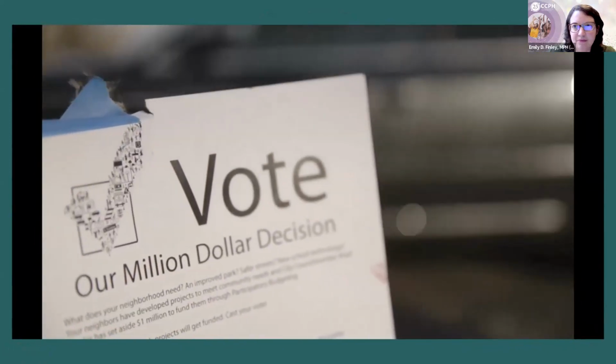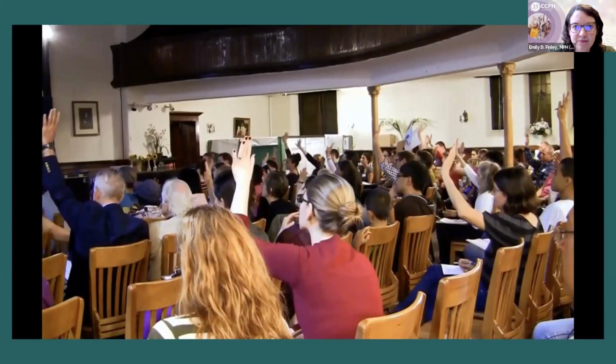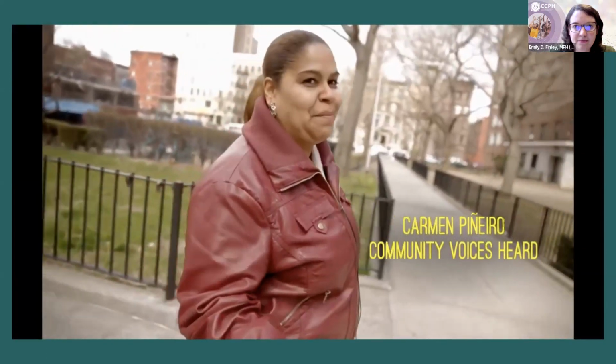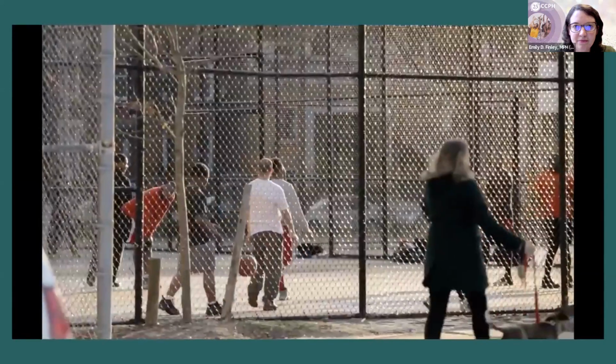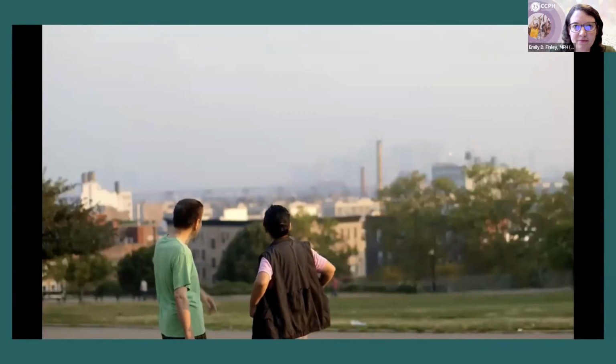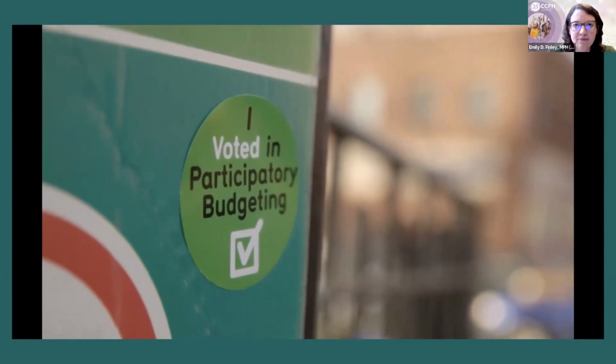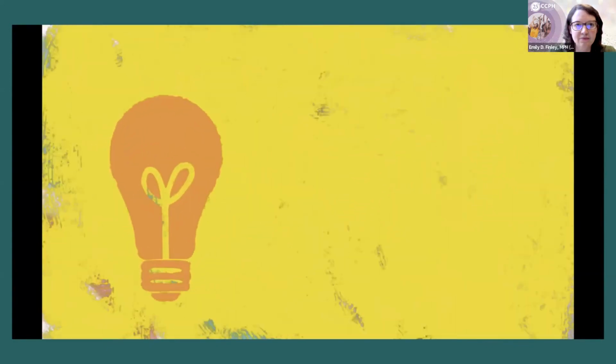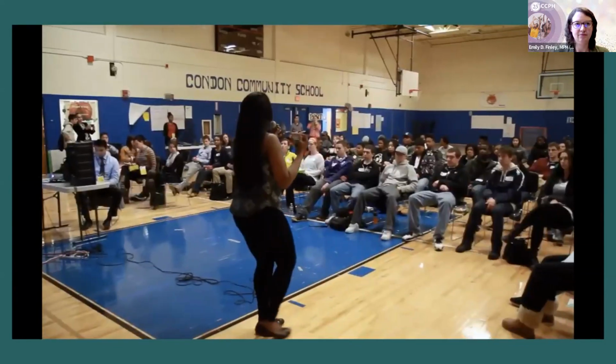Oh, this is different because you're actually voting for where the money is going to be spent instead of allowing them to decide where to spend the money. Who knows better about their community than the people that live in their community? Not be afraid of the big words, participatory budgeting. It sounds boring, but it's the opposite of that. So how does it work? First, people brainstorm ideas. They come together in meetings and assemblies and start to think of what kinds of projects they would like to see in their neighborhood.